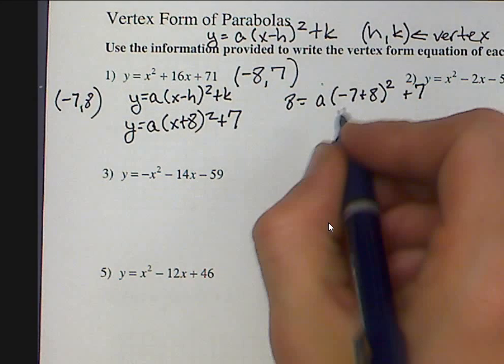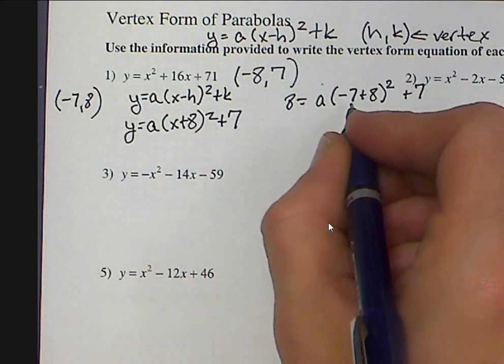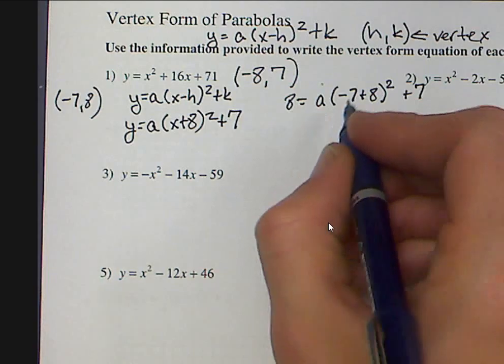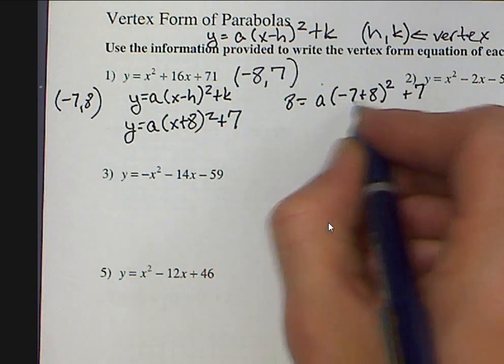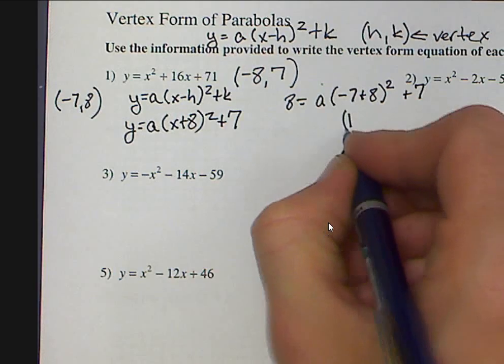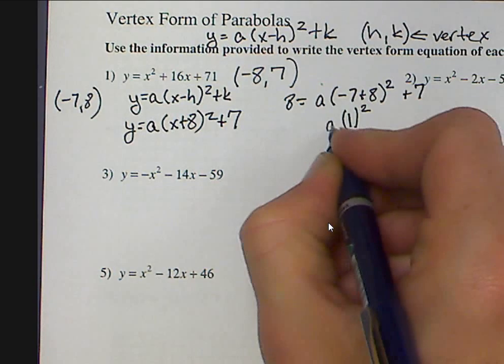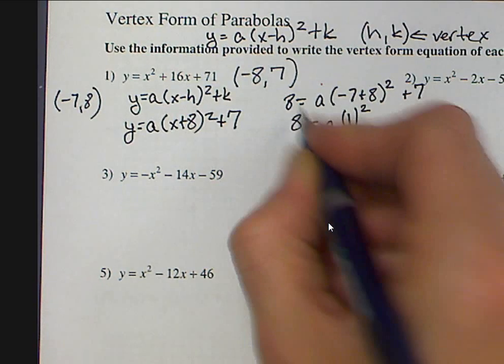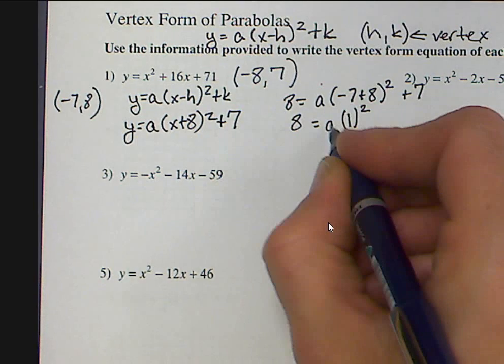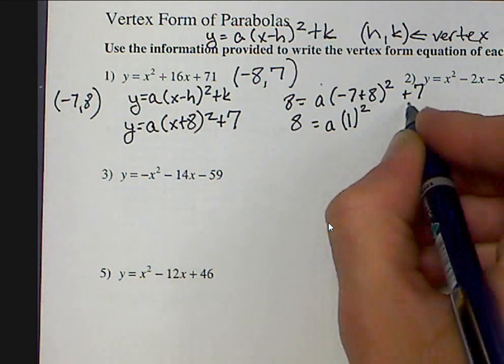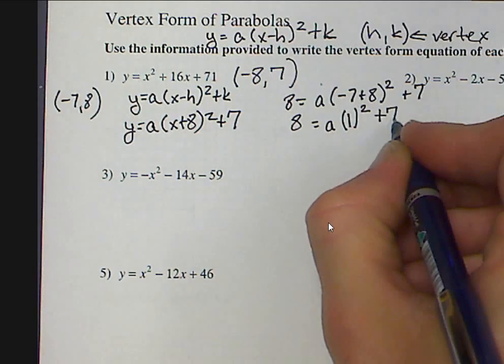So I'm going to simplify what's inside the parentheses because that's first. Remember PEMDAS. Parentheses is first. So negative 7 plus 8 is 1. I didn't do anything to the 8, so I just brought it down. I didn't do anything with the a, so I brought it down. And I still haven't used the plus 7, so I bring it down.